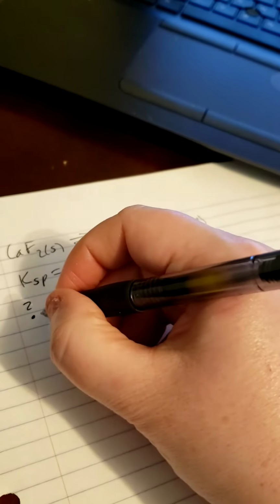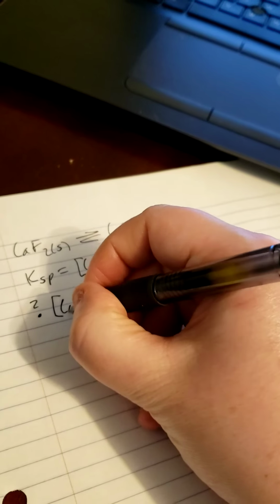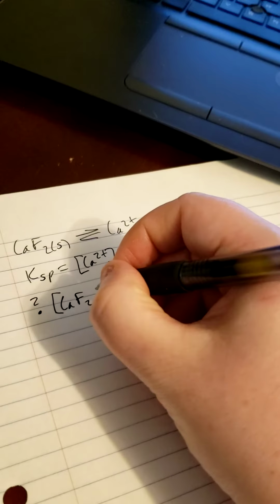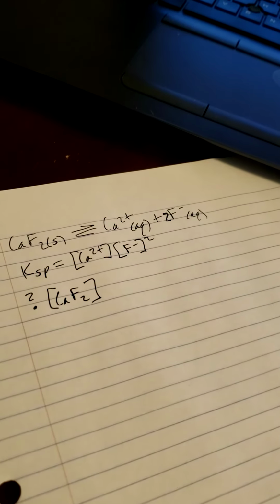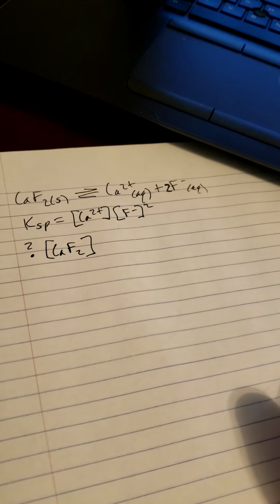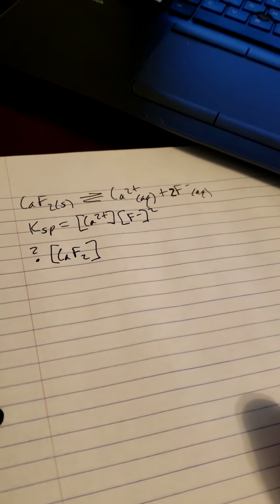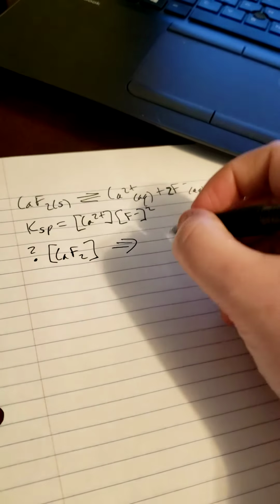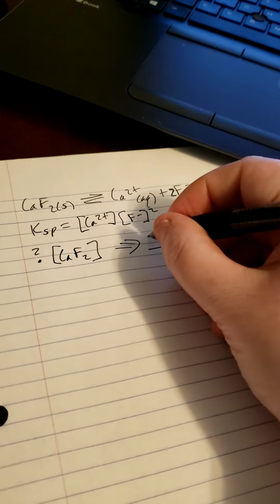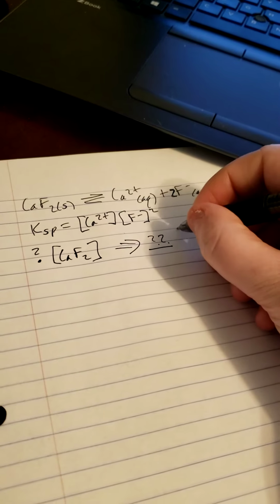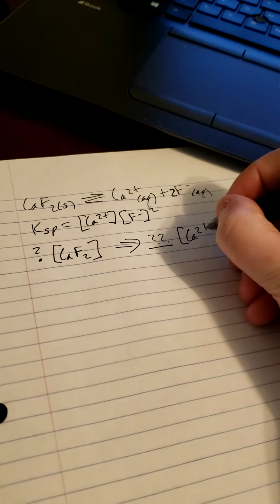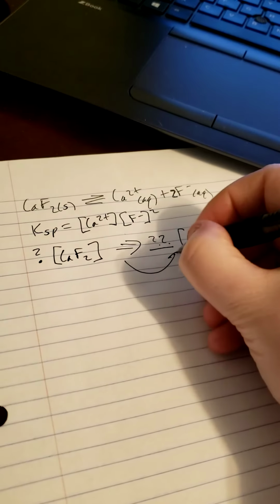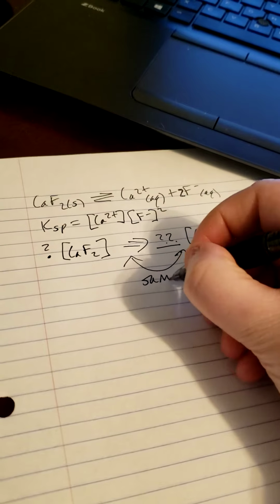Now, the question is asking us for the concentration of calcium fluoride. But how we're going to do this is we're going to instead figure out the concentration of the calcium ion, because these two are the same.